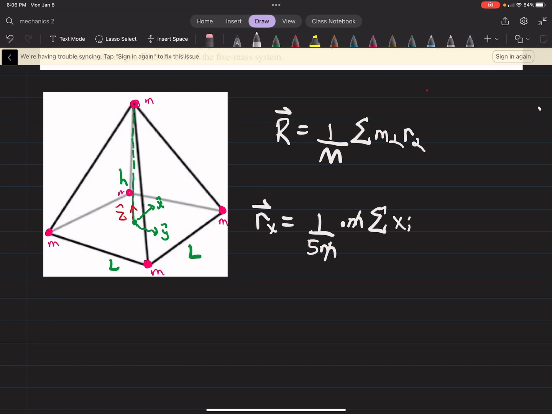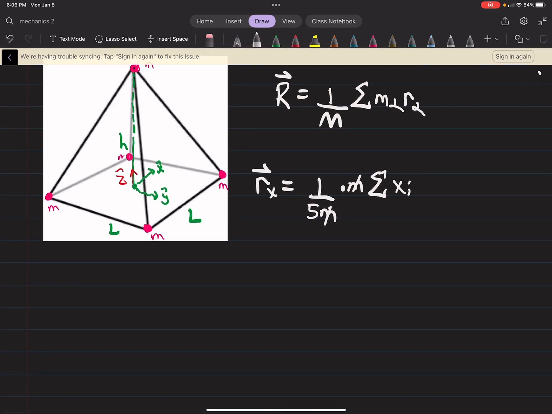But if you wanted to really work it out, let's do this in a different color, maybe blue. Over here, that would be at the point 1/2 L x hat plus 1/2 L y hat, 0 z hat. Over here would still be 1/2 L x hat minus 1/2 L y hat. And you can do that with all the points here.